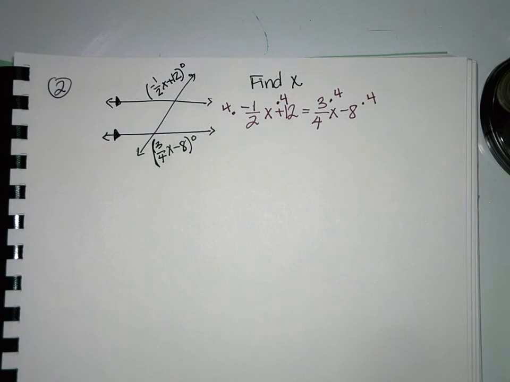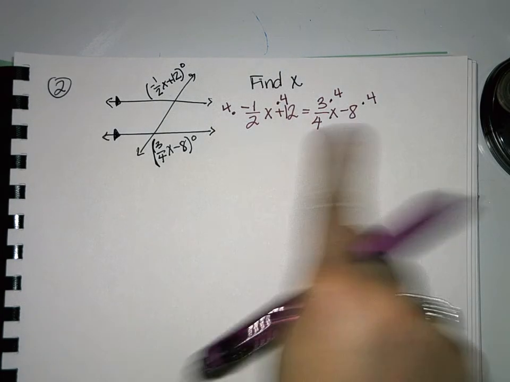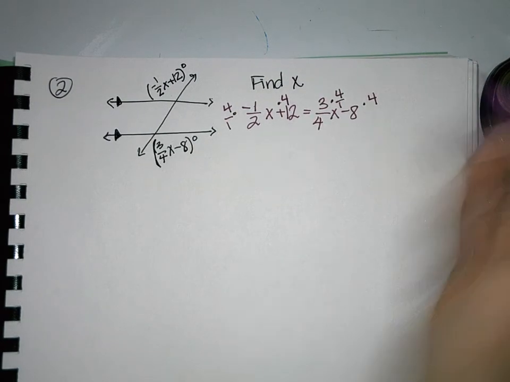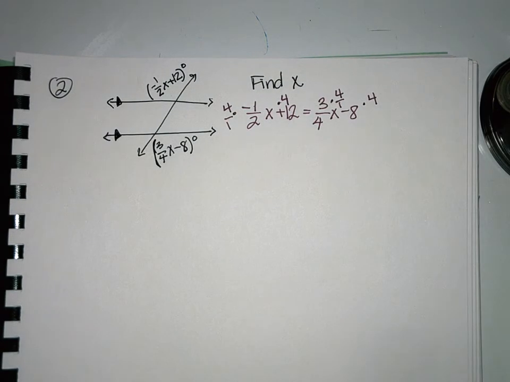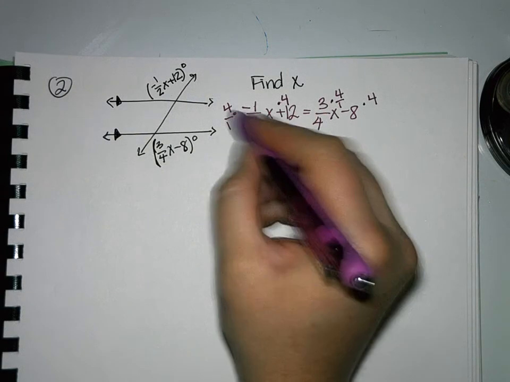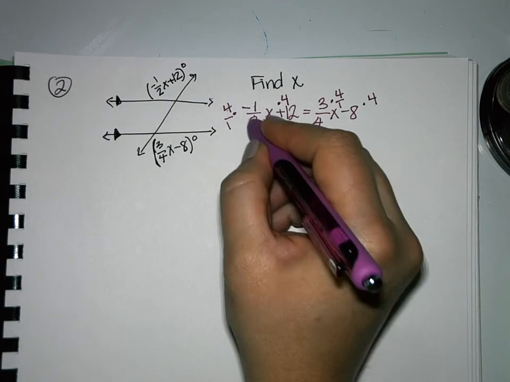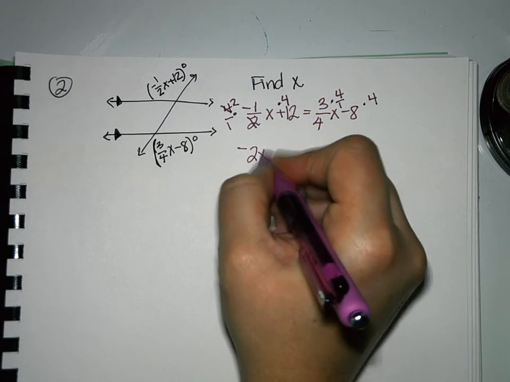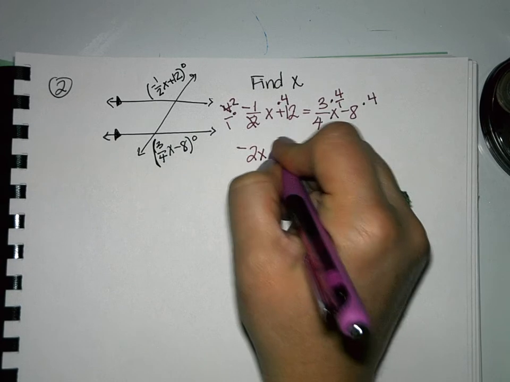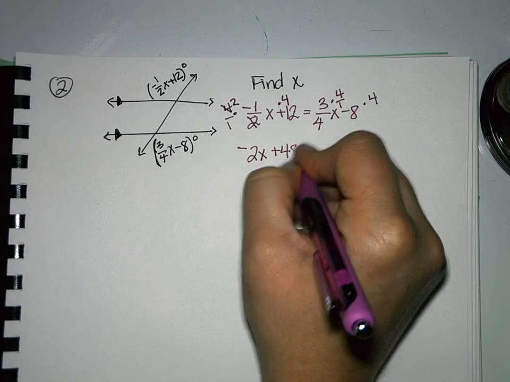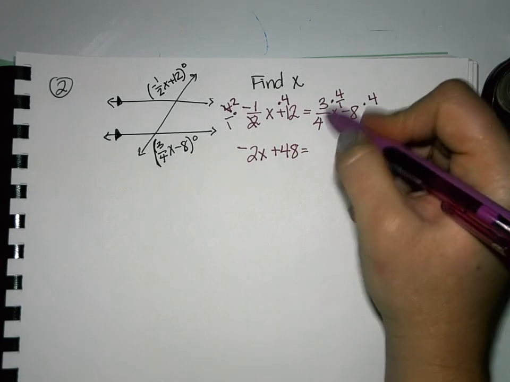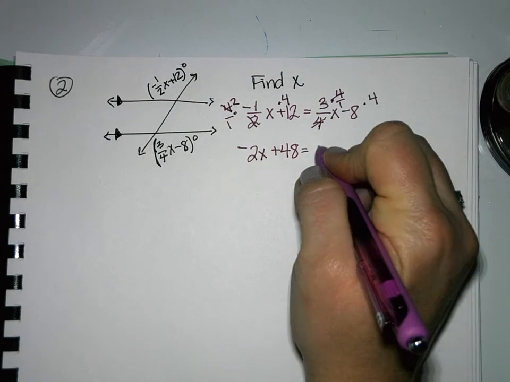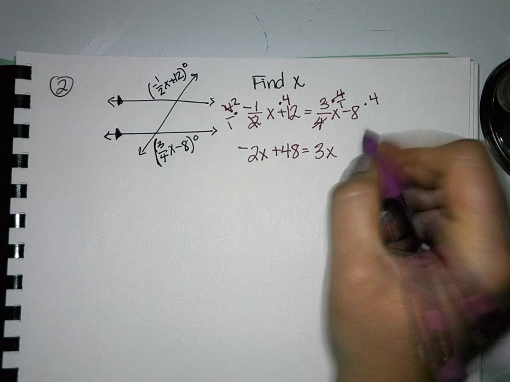So each one of these terms is going to get multiplied by 4 over 1. So when we multiply everything by 4, 4 times negative 1/2, we'll be able to cross cancel and get negative 2x. 4 times 12 is 48. When we multiply 3/4 by 4, the denominator cancels with that 4, leaving us with just the 3 on top and x.